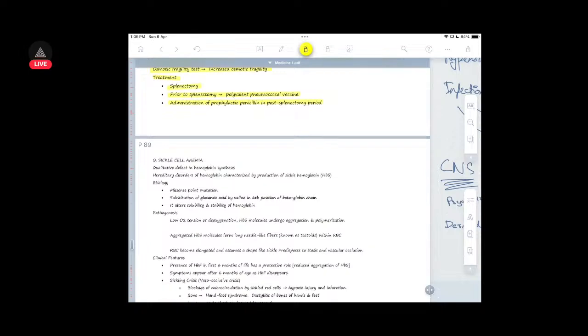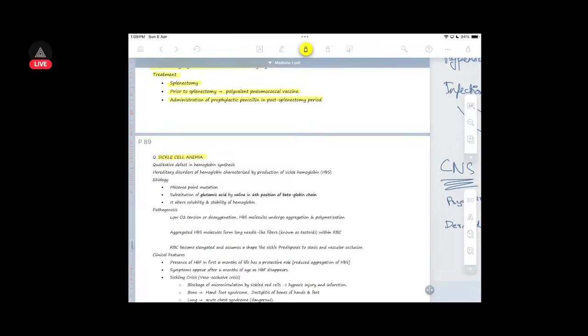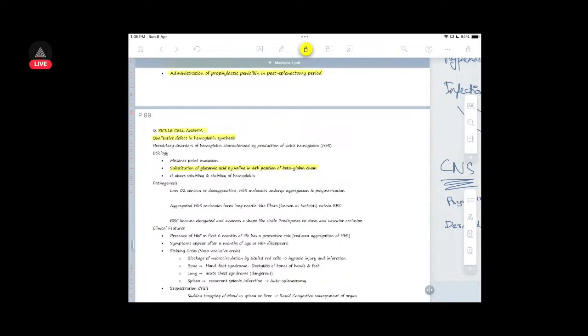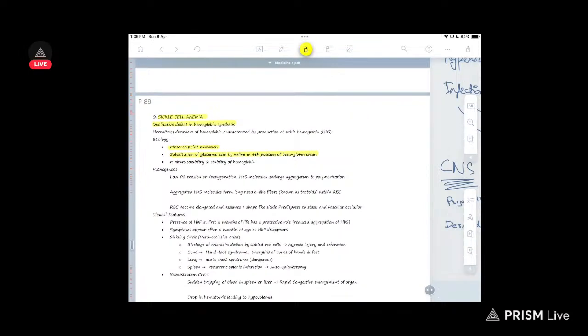Moving on, we get sickle cell anemia, a qualitative defect in hemoglobin synthesis. There is a substitution of glutamic acid by valine at the 6th position of the beta globin chain. GAG to GUG it will become.